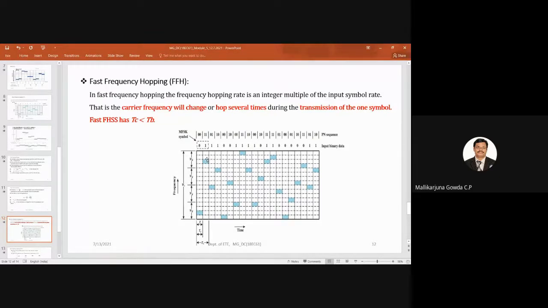Got this point? For transmitting the same symbol, it will hop at 2 different frequencies, one at FC0, another at FC3.